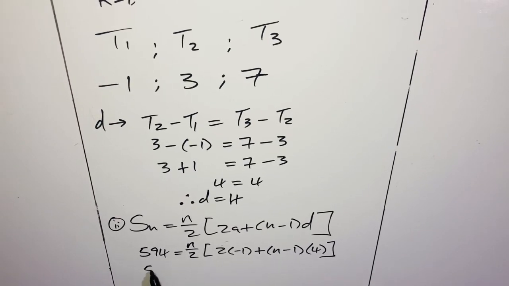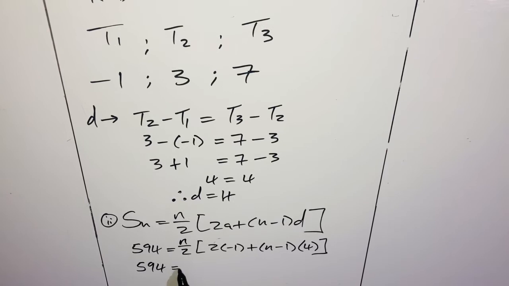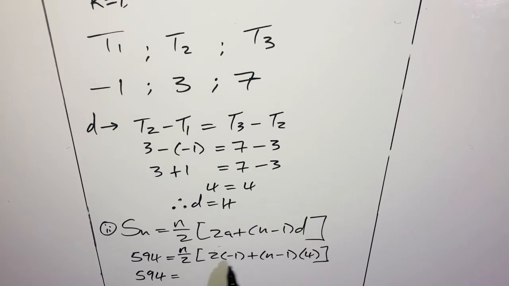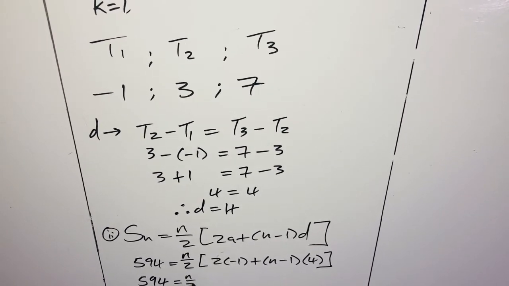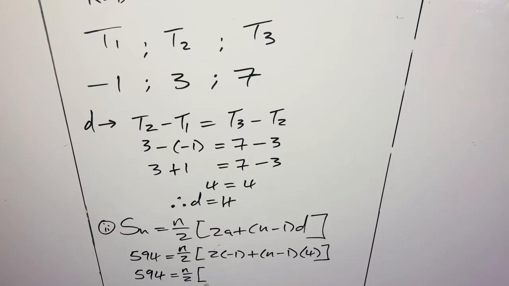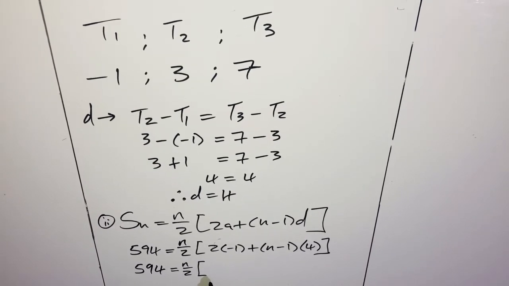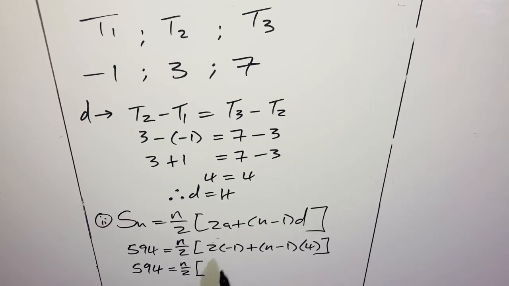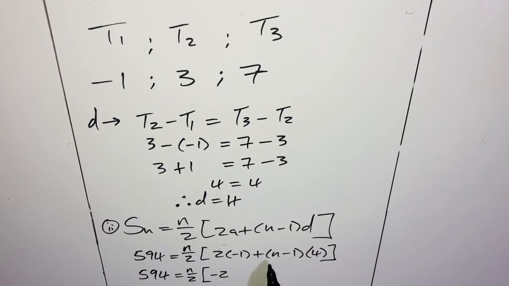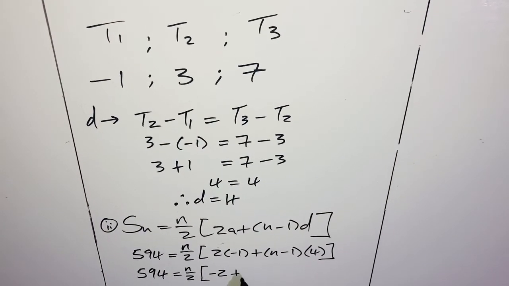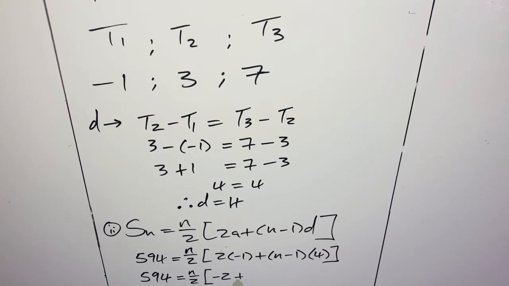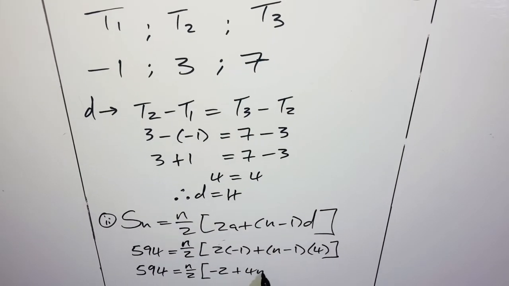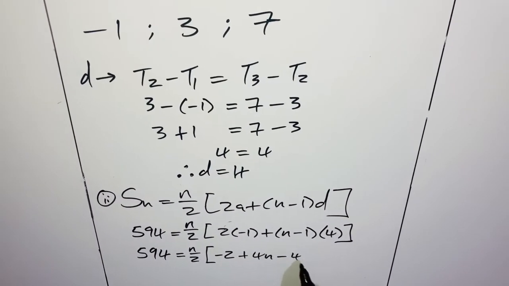But firstly, we must go for our bracket inside. 2 times 1, this is a negative 2. This is a plus 4 times n, which is 4n, minus 4.